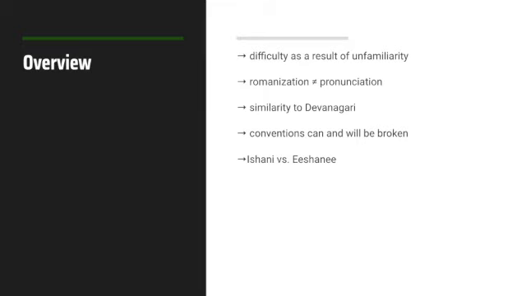As I said, it's a different language, so there's going to be different sounds, and it's going to be harder to learn this language because of those different sounds. So you gotta remember, one thing with the Romanization is it doesn't necessarily equal pronunciation. Especially in Bengali, we have this problem because of its similarity to Devanagari, which is the Hindi and Sanskrit script.